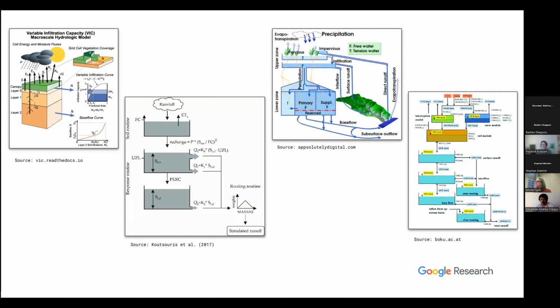There's a bucket that stores soil moisture. There's a bucket that stores snow. You fill these buckets and you have fixed equations for how these different buckets interact with each other. And there's a handful of parameters that control the size of the buckets or the flow rates between these buckets and so on.